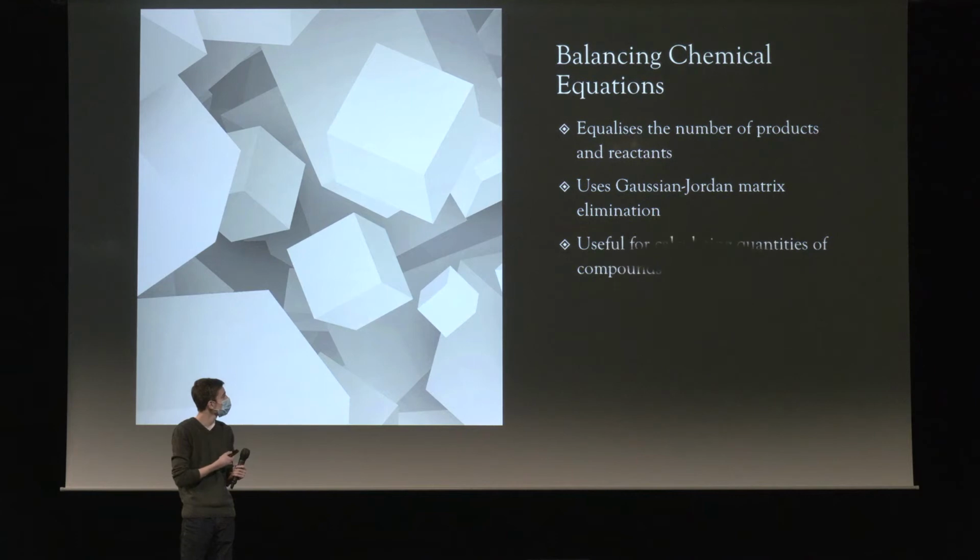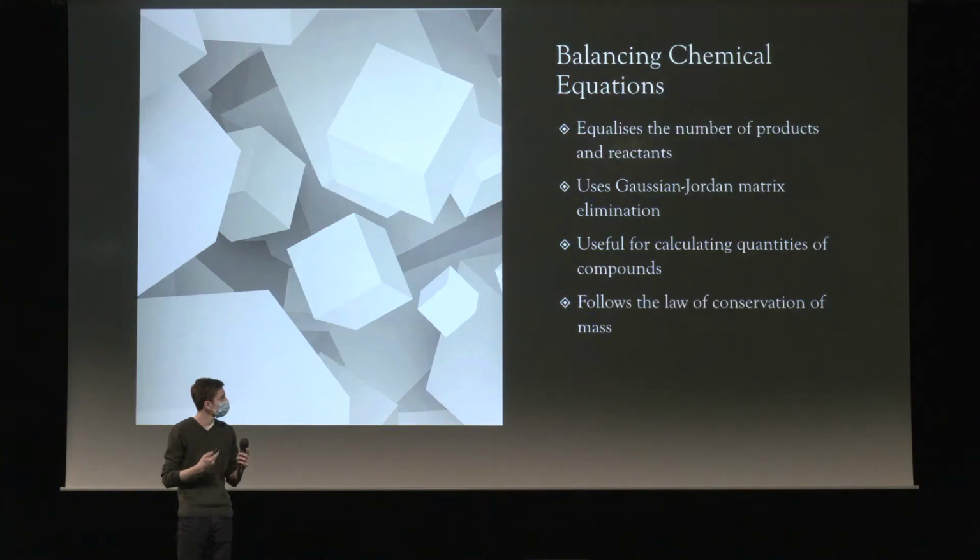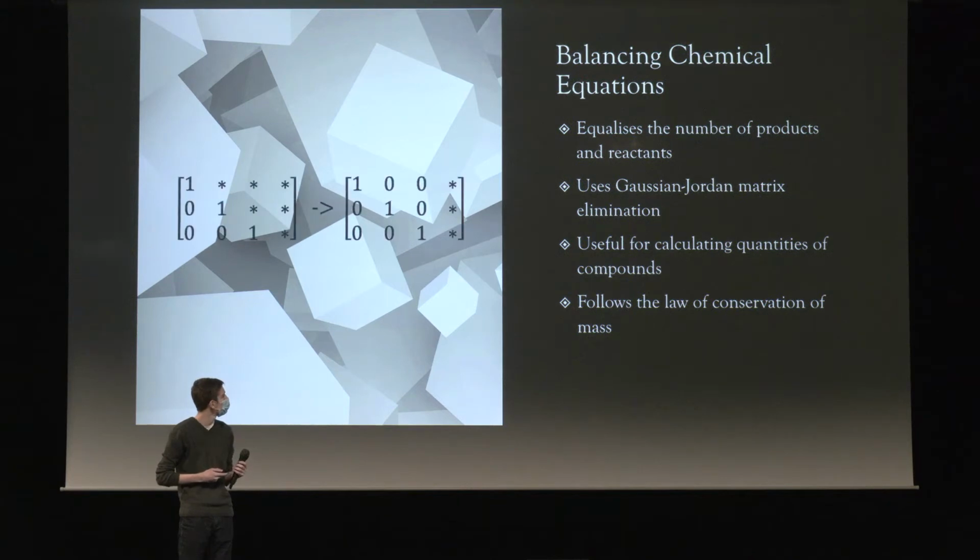It uses Gauss-Jordan matrix elimination in order to balance the matrix of elements to make sure that you get the right coefficients for balancing the equation. Used for calculating compounds, like I've said, quantities with molar mass, and it follows the law of conservation of mass. This is an example of Gauss-Jordan elimination, which aims to convert a matrix into basic ones and zeros.